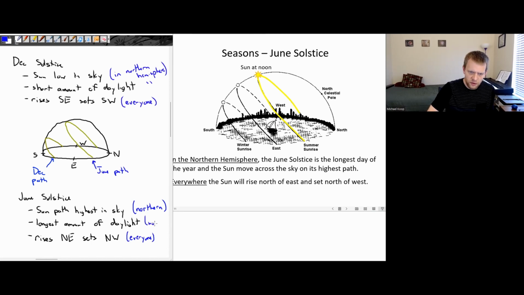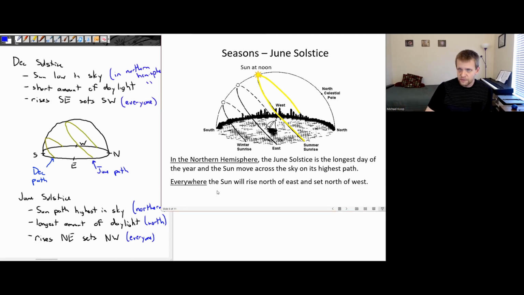This one's north as well. And again, this is what causes those strong temperature variations, amount of daylight variations. It explains why the seasons are different in the northern hemisphere and the southern hemisphere. Again, this model is showing those details.